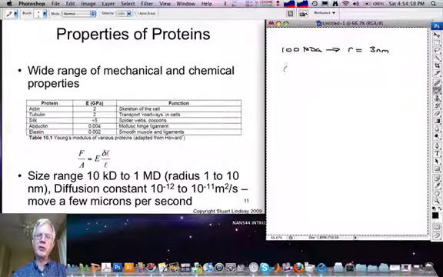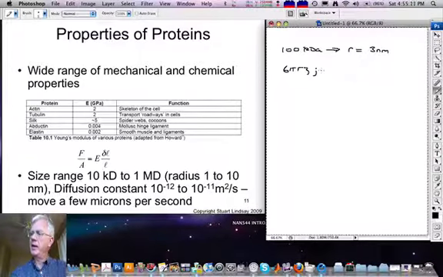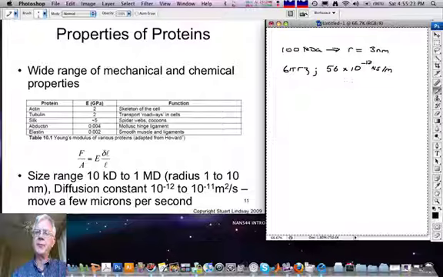The friction coefficient from Stokes's law is 6 pi r eta, and taking the viscosity of water at 300 degrees Kelvin then leads to a friction coefficient of 56 times 10 to the minus 12 newton seconds per meter.